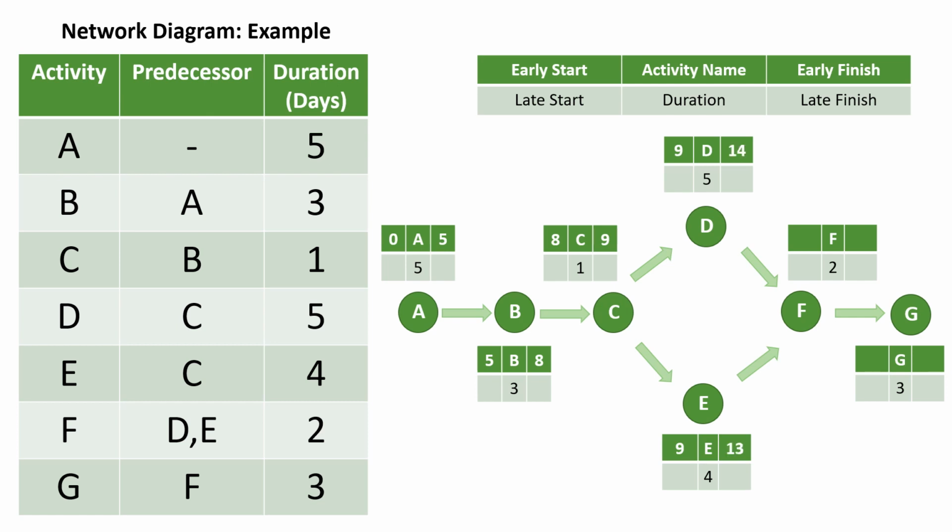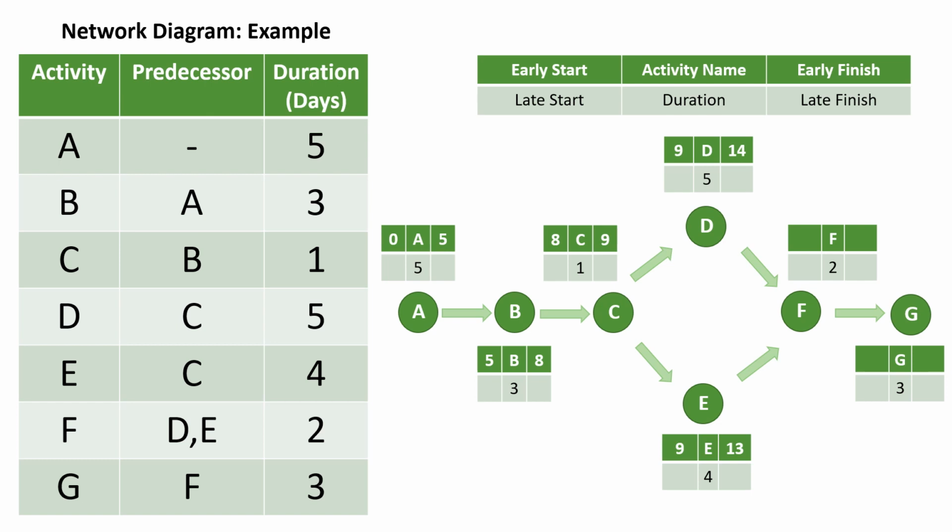When we calculate early finish dates of activity D and E, we come up with different numbers because they have different duration in days. So since we are doing this forward scheduling, we take the biggest number, which is 14 amongst the two, as early start date for activity F. The logic behind this is, since activity F is a merged activity of activity D and E, both of them must be completed.